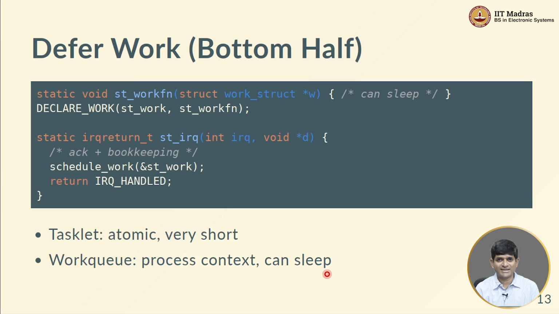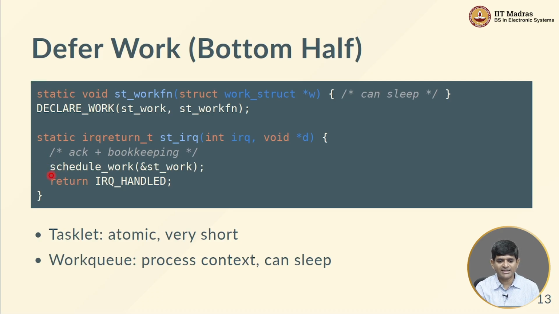Why are we going on about this sleep? The moment the possibility of sleeping in a function occurs, it means that we cannot guarantee how long the function will take to execute. So I keep using the phrase "it can sleep" as a way of saying we do not know how long this particular function will take to execute. So the work function is going into a queue, that is what schedule work does.